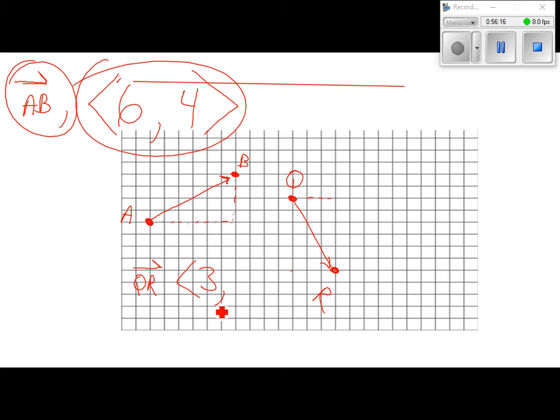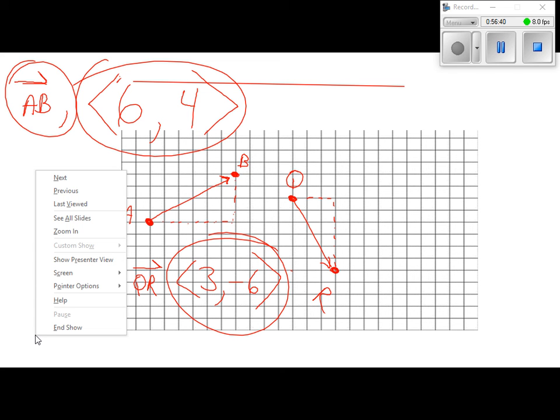So that's positive 3, right? Down 6, so -6. Please make sure you don't get those backwards. Don't think rise over run, because it's different for vectors, right? So it's how much you move on your X, how much you move on your Y. Run over rise, right, if you want to think of it that way.